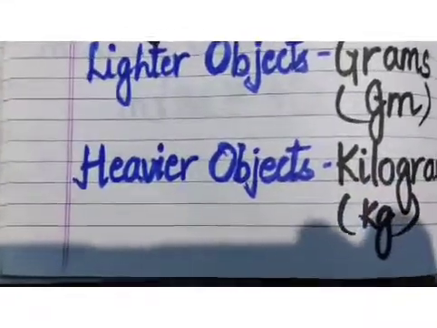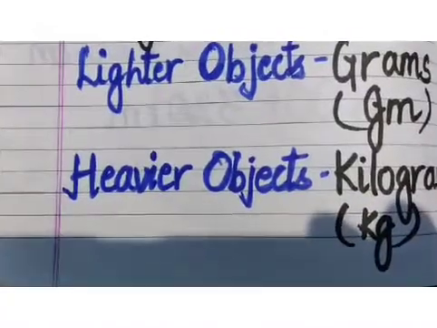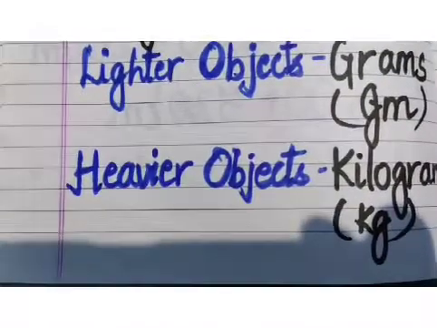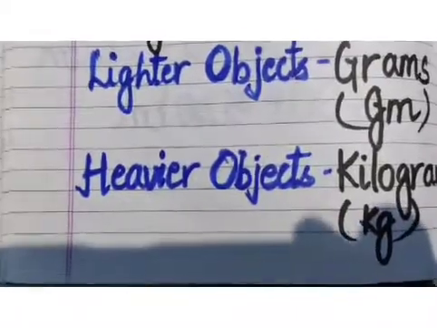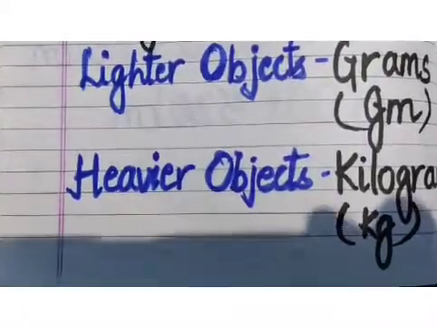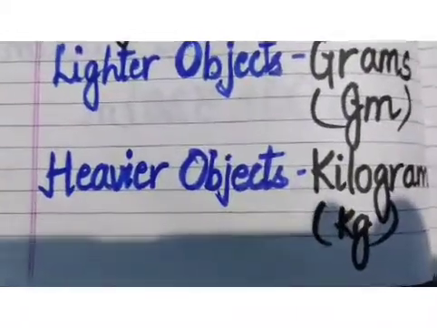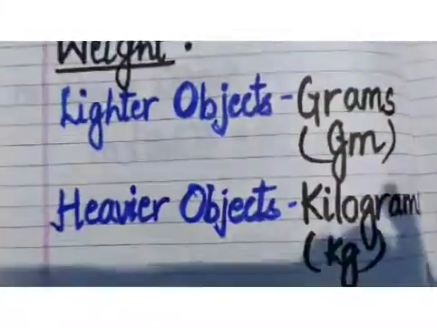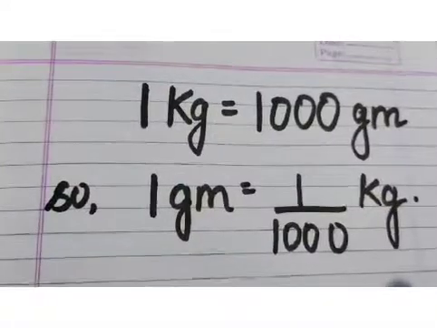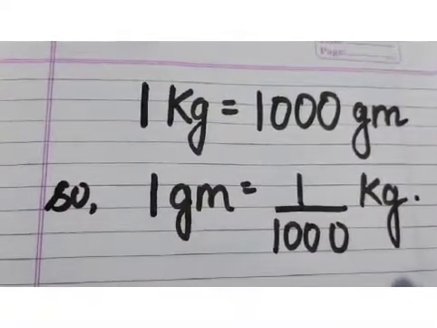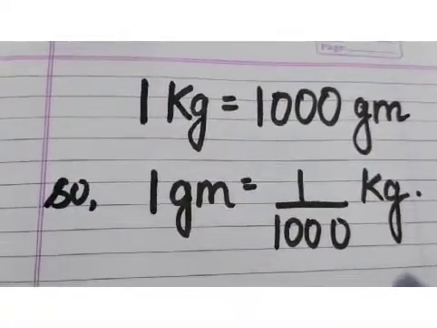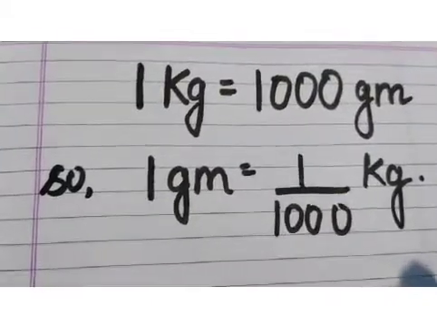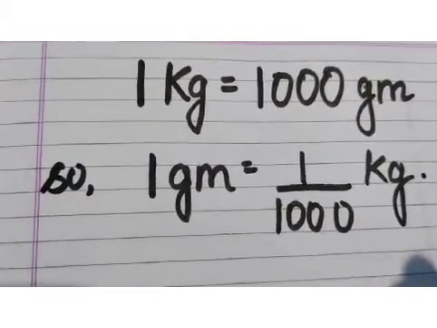Heavier objects, like the weight of 1 kilo potatoes, are measured in kilograms, that is kg. 1 kg is equal to 1000 grams. So 1 gram is equal to 1 upon 1000 kg.